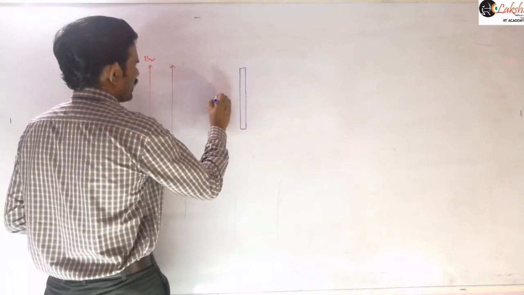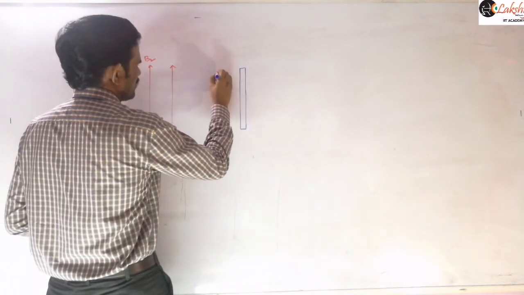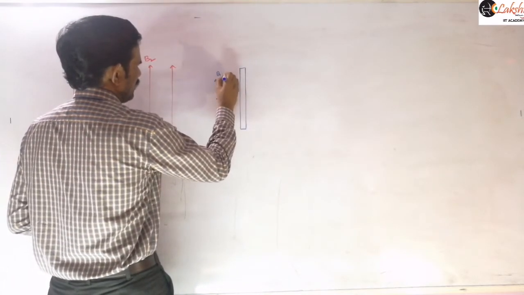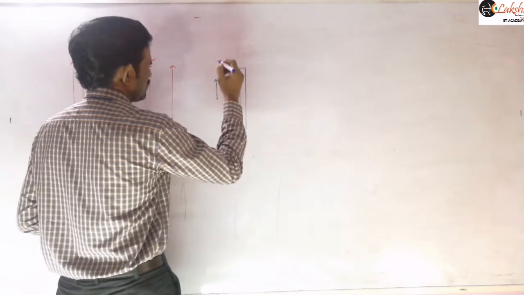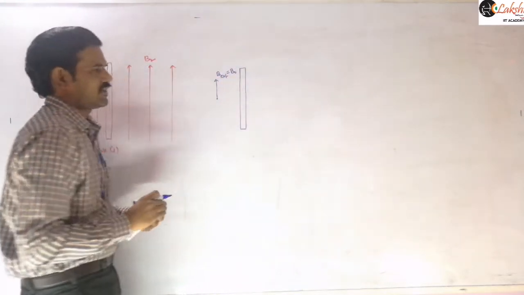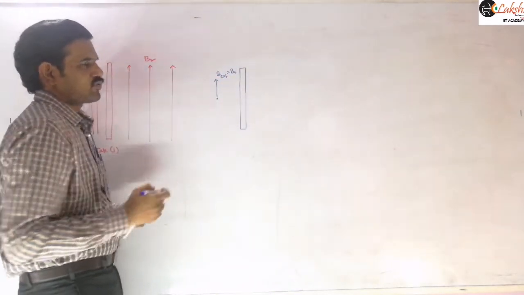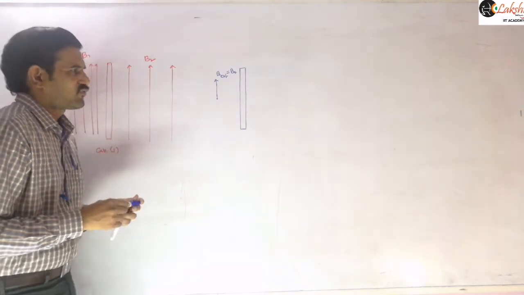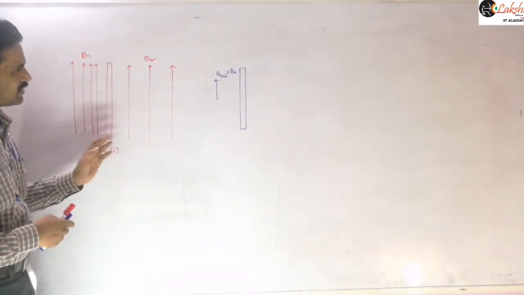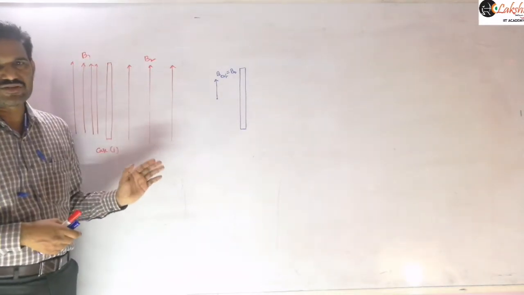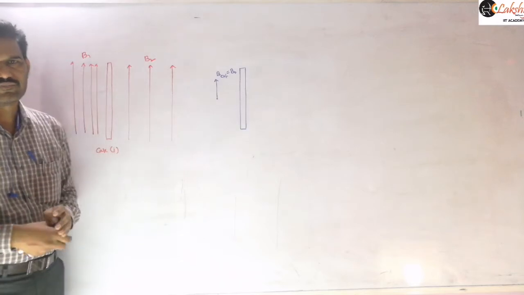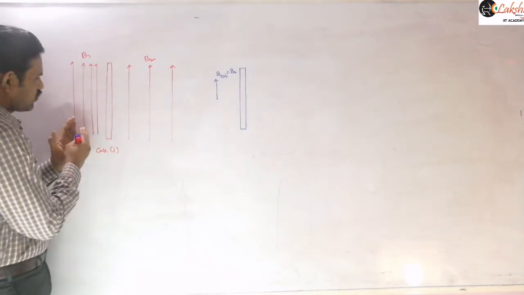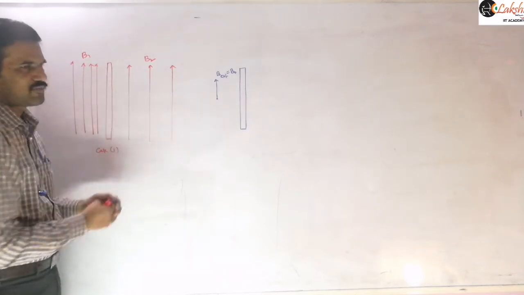This external magnetic field is B naught, and the plane will produce a magnetic field here. From this diagram it is clear that either B1 is larger in magnitude or B2 is larger in magnitude. Here field lines are close to each other and on this side field lines are apart from each other.